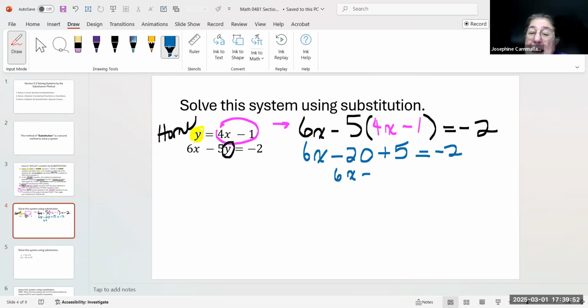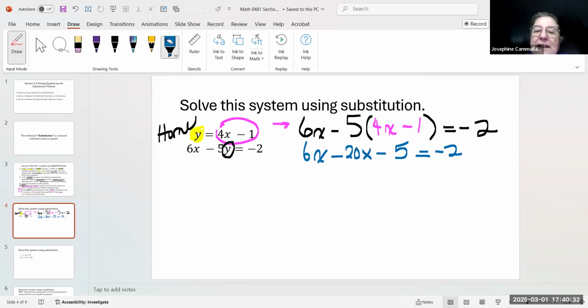6x minus 15 is going to give me a negative 2. Now, let's see. I want to make sure I wrote it right. Yep. There's my 20x. I knew I was missing something here. This is 20x minus 5.